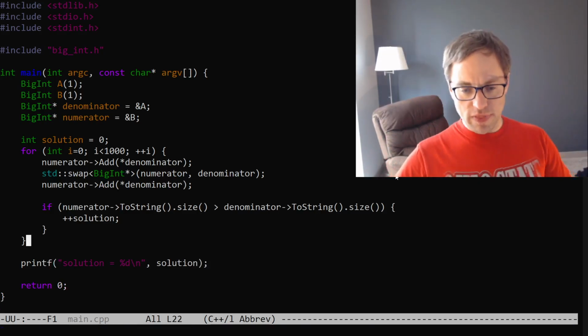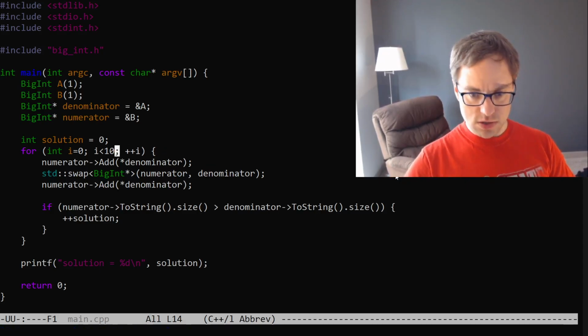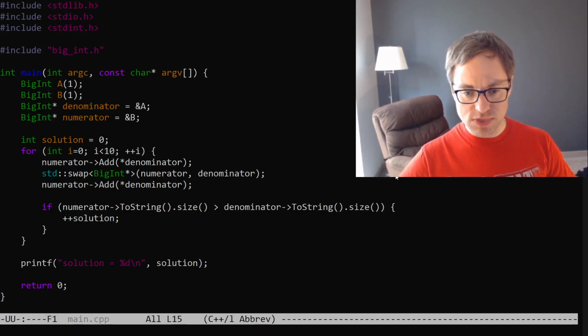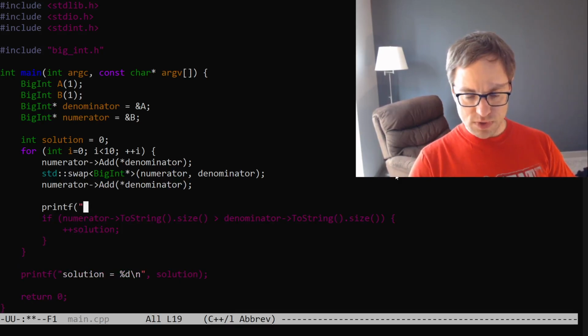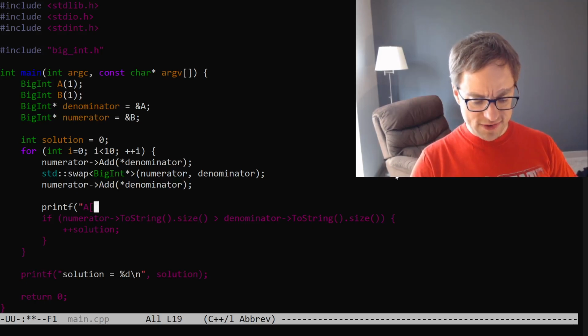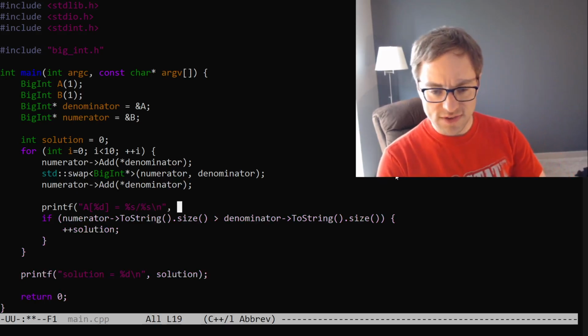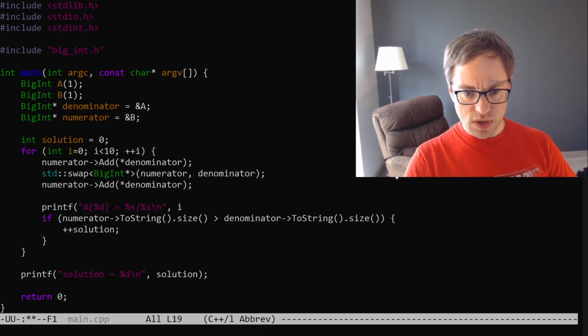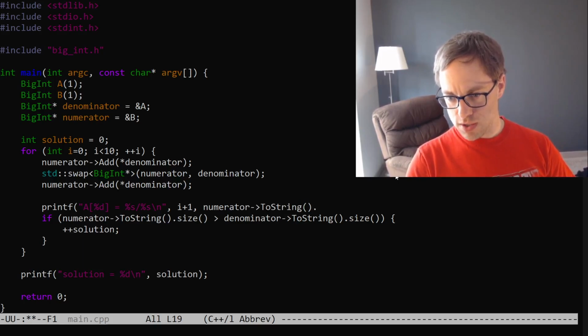Now, before we actually run the full version of this, I just want to run the first 10 terms and actually print them out. And so here we'll say printf. We'll just say a sub i is equal to %s over %s. And so that's going to be index i plus 1 and numerator toString dot cstr.